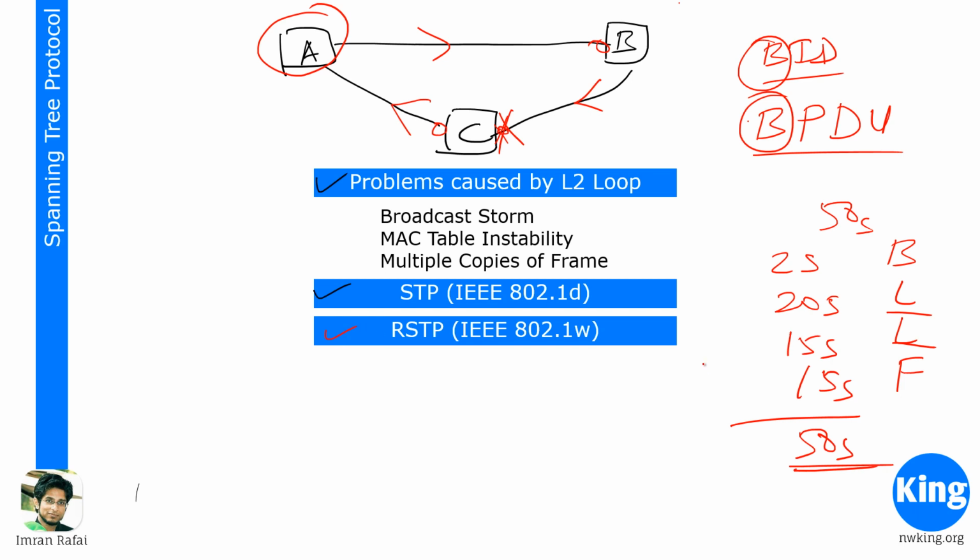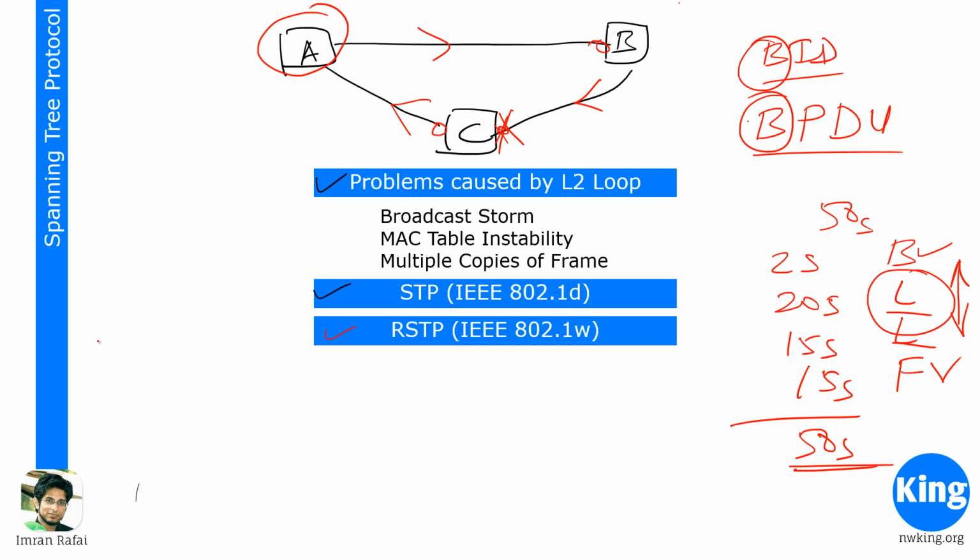Now RSTP improved upon this timing. The first thing, RSTP does not have the 2 intermediate states. It directly goes from blocking to forwarding, or forwarding to blocking. In both ways it would go instantaneously, whereas in STP, blocking to forwarding took a lot of time, but if a port had to go from forwarding to blocking, that was instantaneous, right?